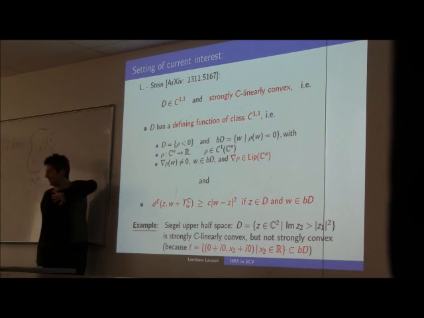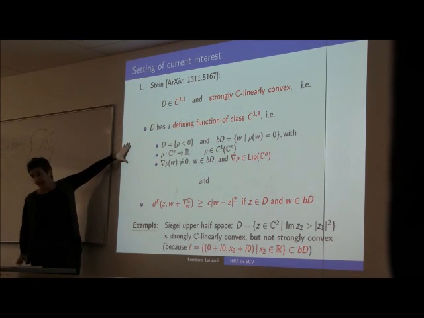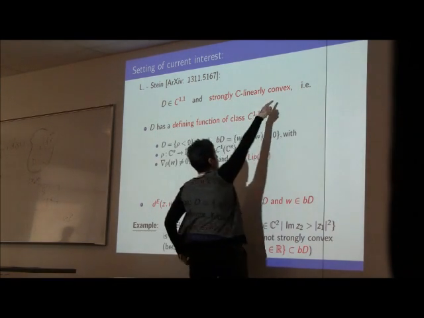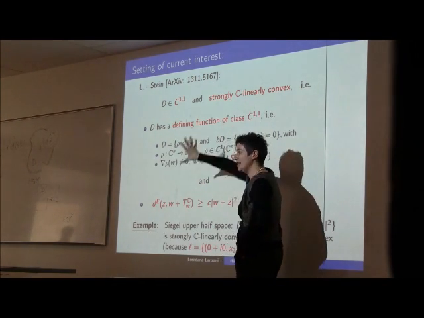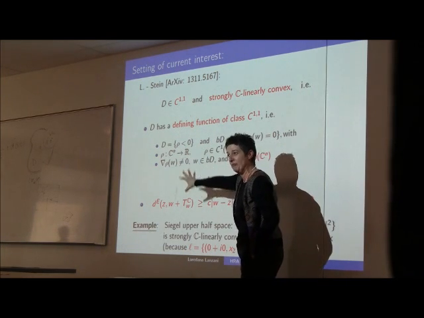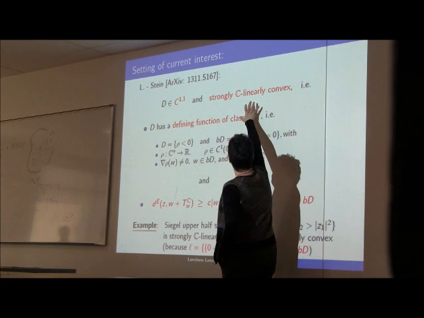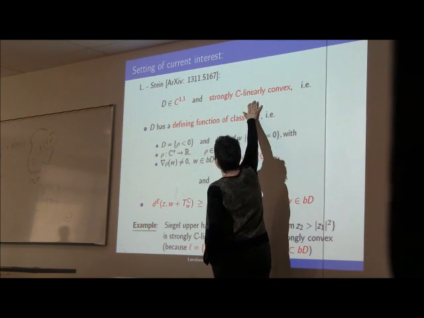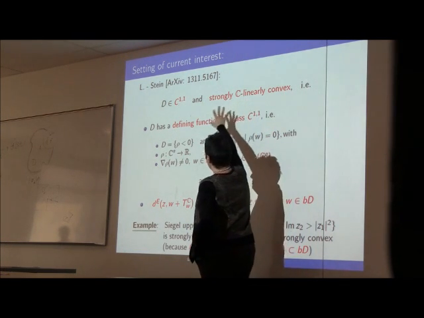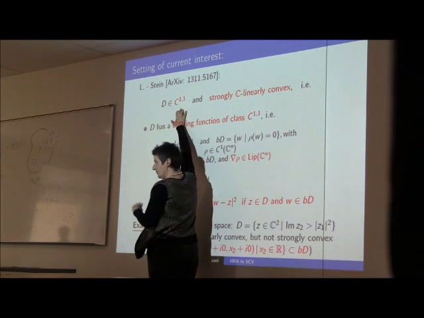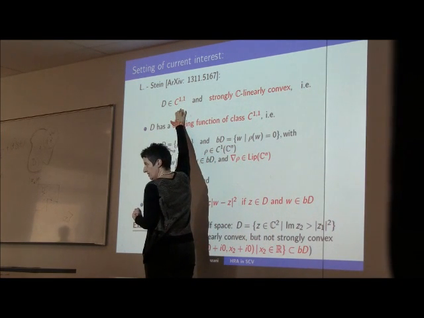I will get back to that later, but here I want to discuss our most recent result, which deals with another notion of pseudo-convexity, which one can actually describe by drawing a picture. And so the particular setting of interest here is the setting of a domain that's strongly linearly convex, and whose boundary regularity has been further reduced to C^{1,1}.